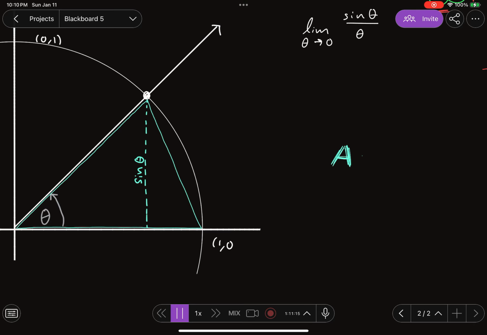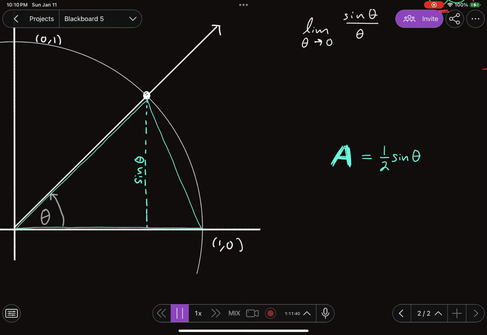I think that is equal to 1/2 base times height, right? So here's the base all the way across here. That's a distance of 1, a height of sine theta. So we just have 1/2 base times height. The base is 1, and the height is sine theta, so 1/2 sine theta.